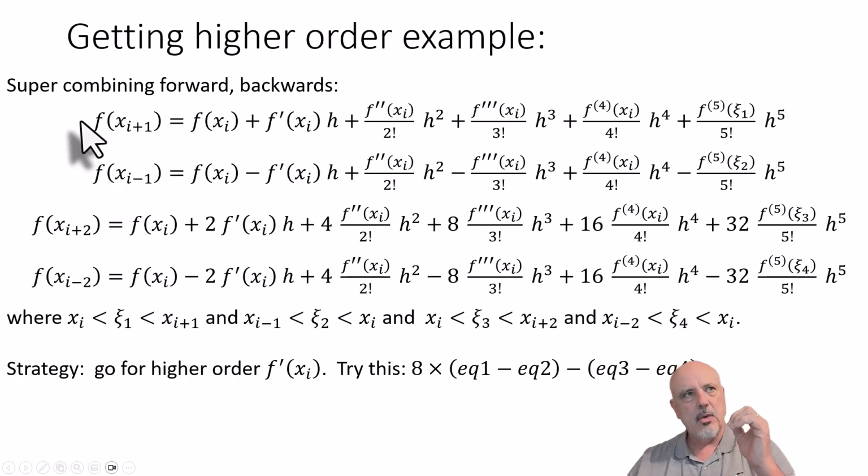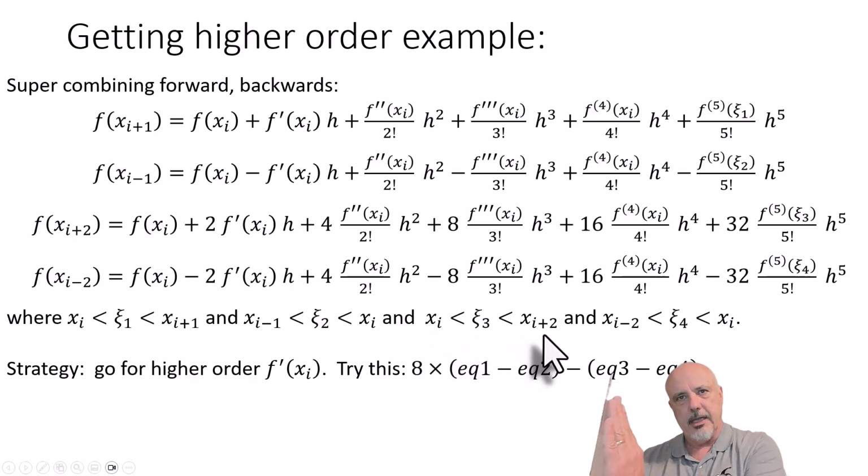The cos C's: cos C1, the forward step, would be between the current reference position and the next one. The cos C2, because it's a backward step, would be between the previous point and the current point. Cos C3, looking at a double step, would be between the current point and 2 ahead.